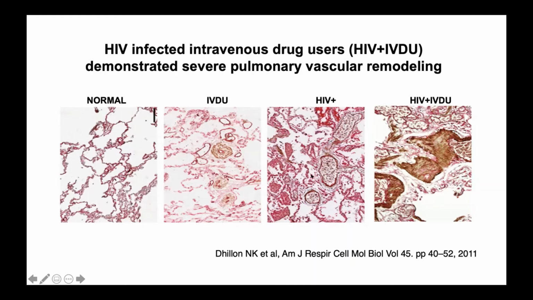But with a combination of both HIV infection and intravenous drug use, things become pretty severe, and we can see a lot of smooth muscle thickening, occlusion, and also formation of plexiform lesions.